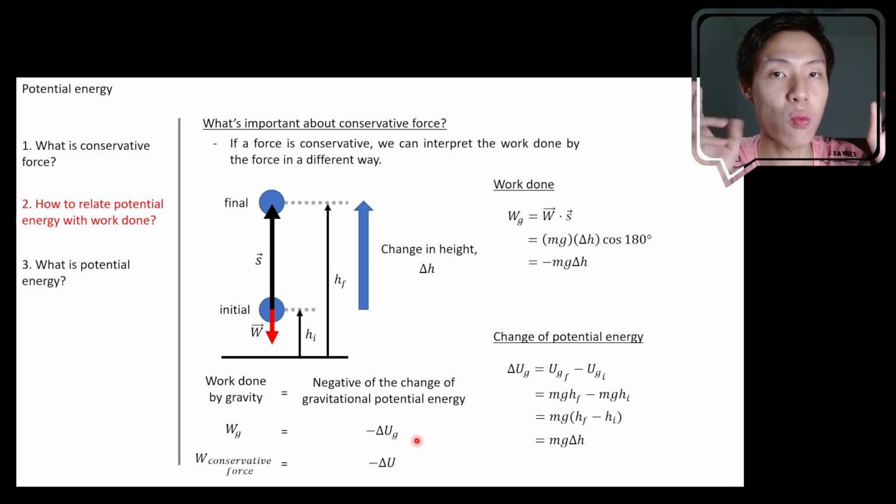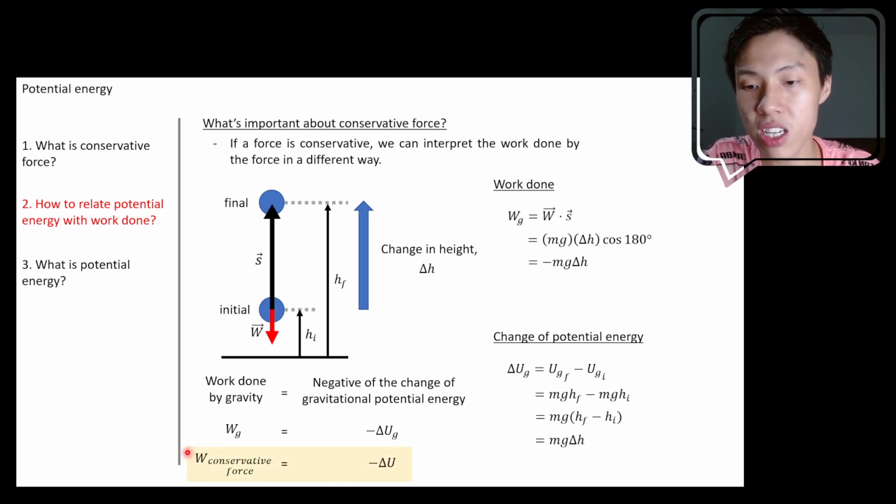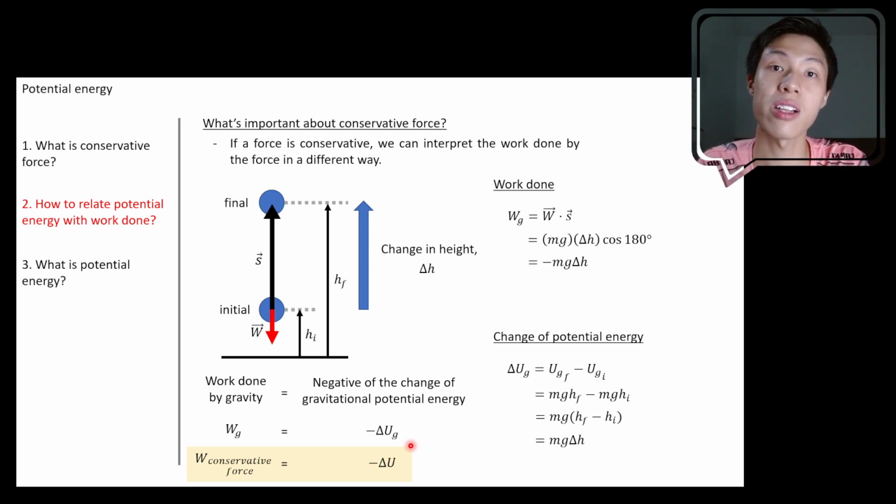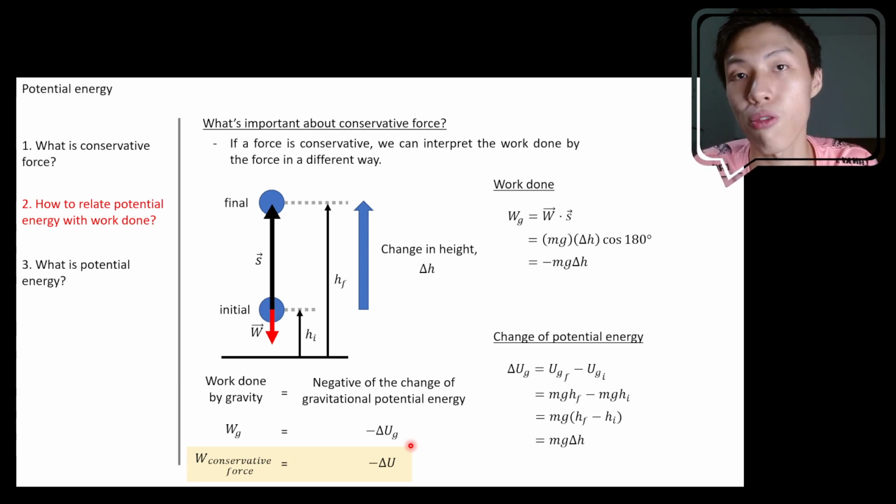This is what we call a new interpretation of the situation. So this will be a very important equation: work done by conservative force is equal to the negative of the change of potential energy. And we will analyze it for the gravitational situation, and we will also analyze it for another conservative force, which is the restoring force of the spring.